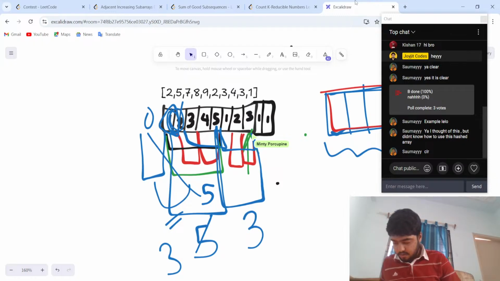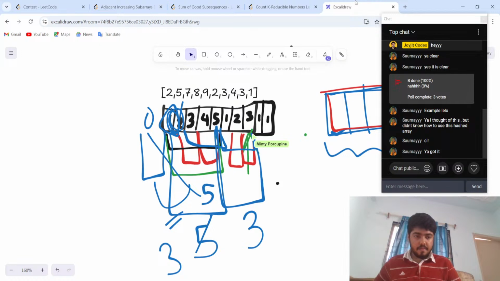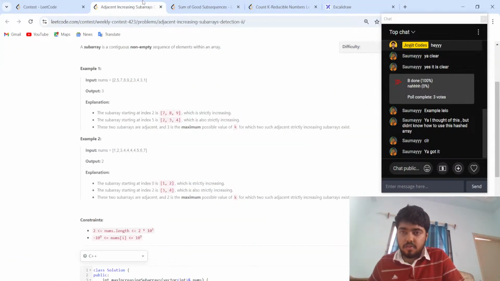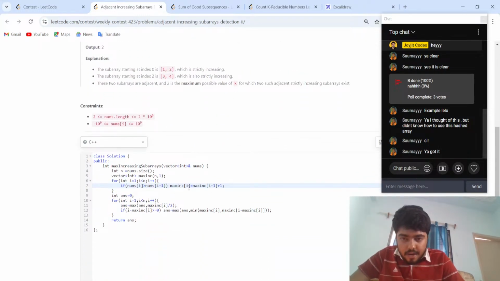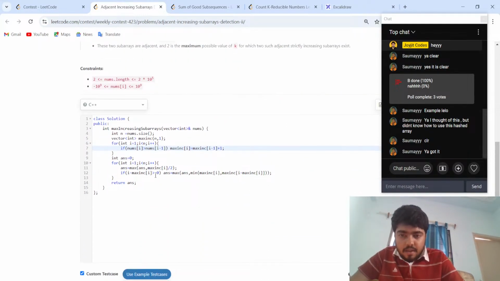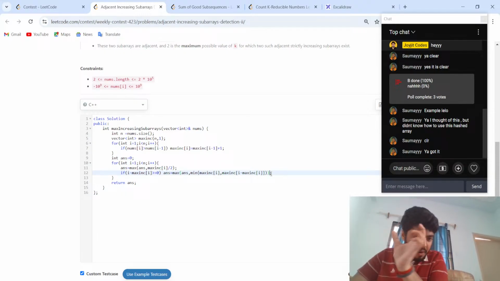Quickly tell me if it's clear or not. Got it? So now let's go to the code quickly. This part I explained, and then I'm checking for maximum increasing divided by 2, because that may be a solution, or maximum increasing of I, comma, maximum increasing of I minus maximum increasing of I. That is the two parts.